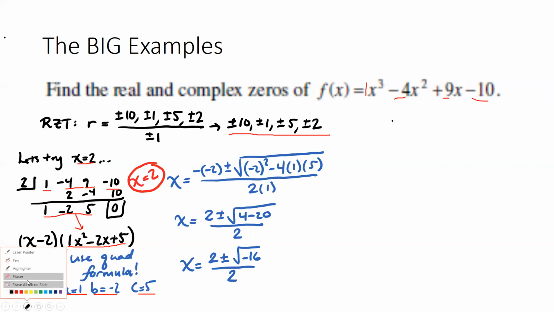What I'm going to do is think of the square root of negative 16 as the square root of negative 1 times the square root of 16. Well, the square root of negative 1, we know what that is. We actually defined that to be i.